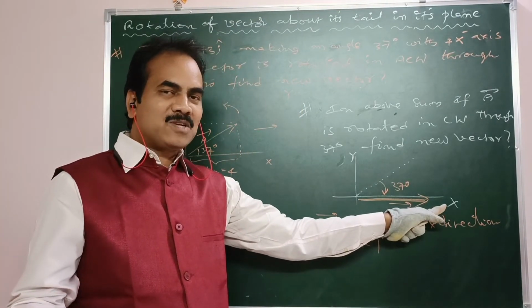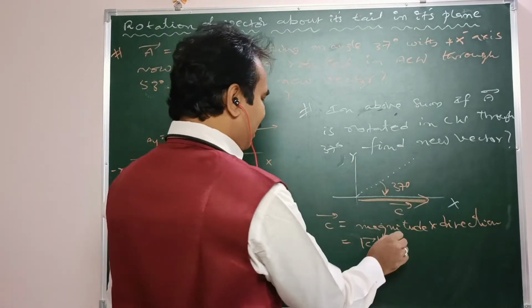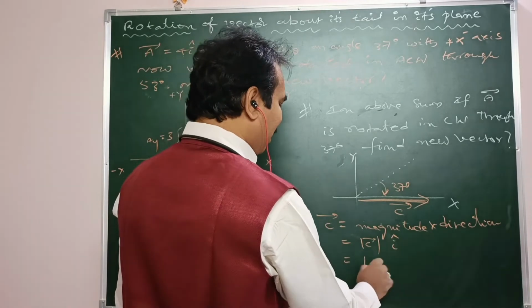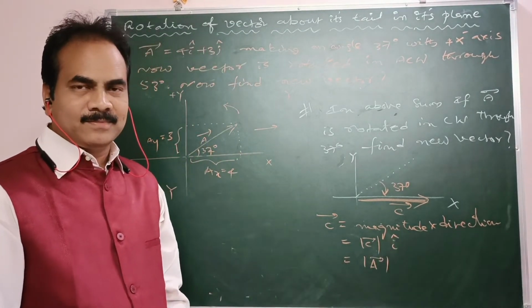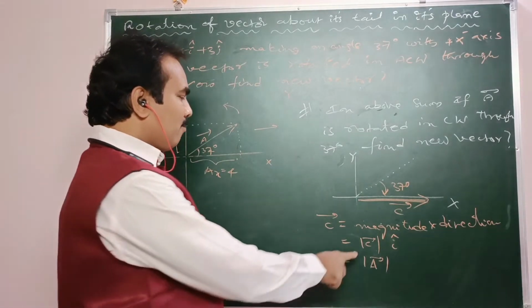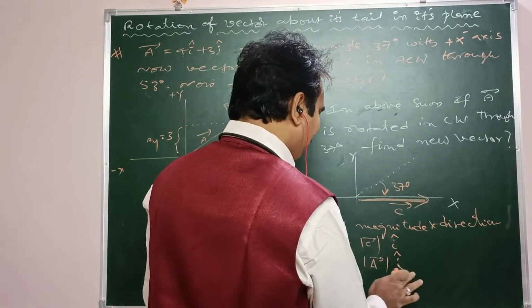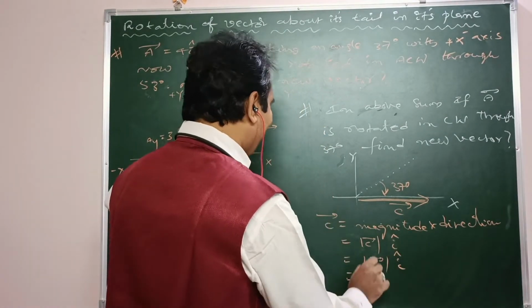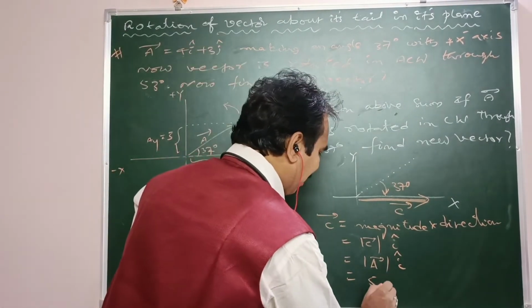In the positive x direction, the unit vector is i cap. Mod c bar means mod a bar. Why? Because during the rotation of a vector, there is no change in total magnitude. So mod c bar equals mod a bar into i cap, and mod a bar we have already calculated as 5 units. So c bar is 5 i cap.